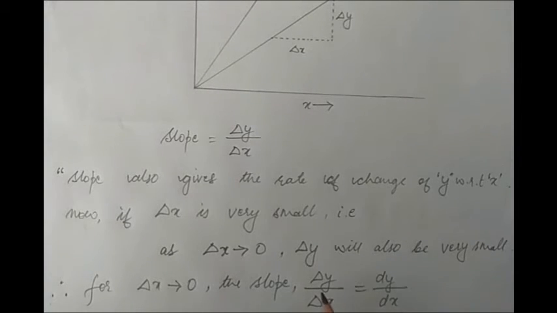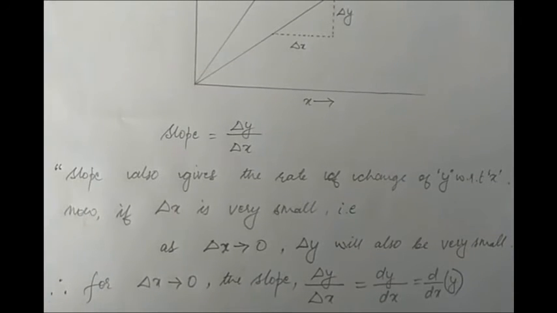So to say, for small changes in the values of x and y, the slope is given by dy upon dx, which is also written as d/dx of y. Therefore, the value of the slope for small changes in the values of x and y is what is called the derivative or the differentiation.